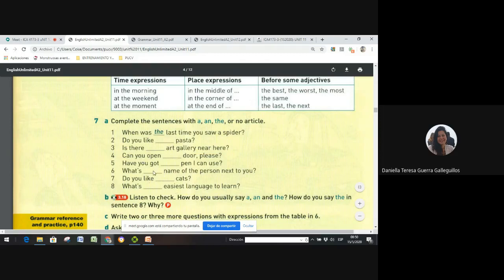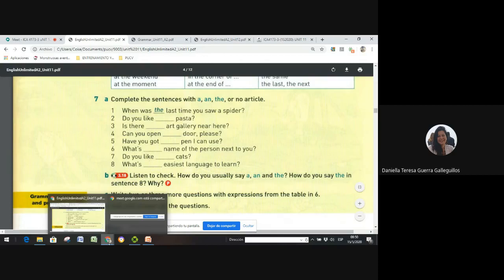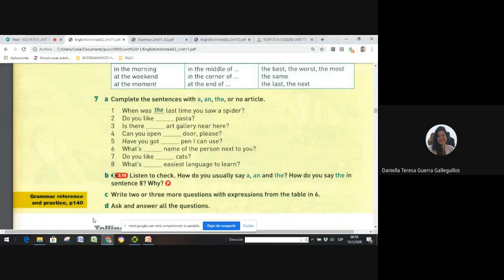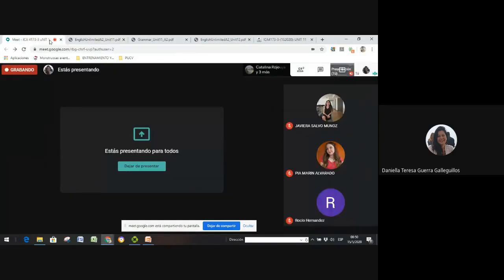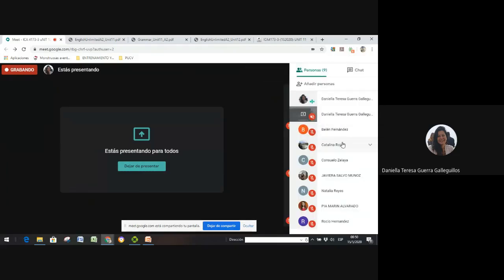Let's see the example. So let's go again in order. We have 8 sentences, so pay attention to your names. Let me see. Belén is going to do number 1. Catalina number 2. Consuelo number 3. Javiera 4.